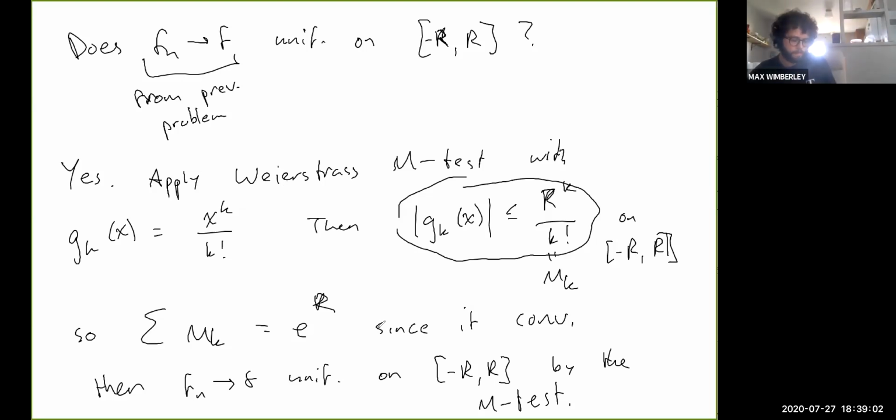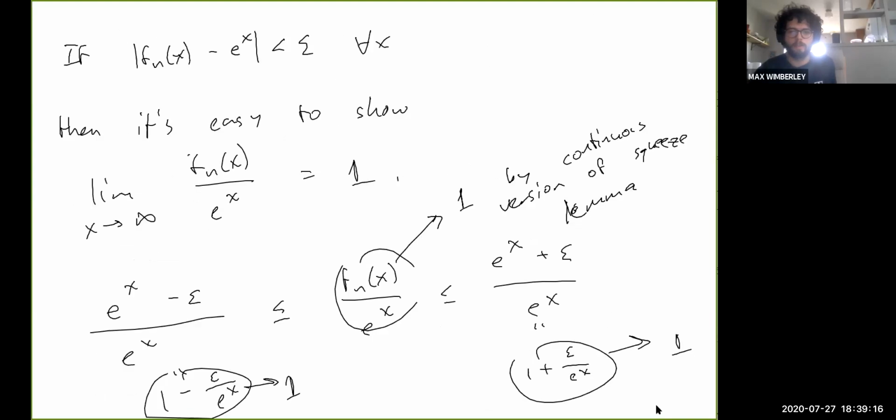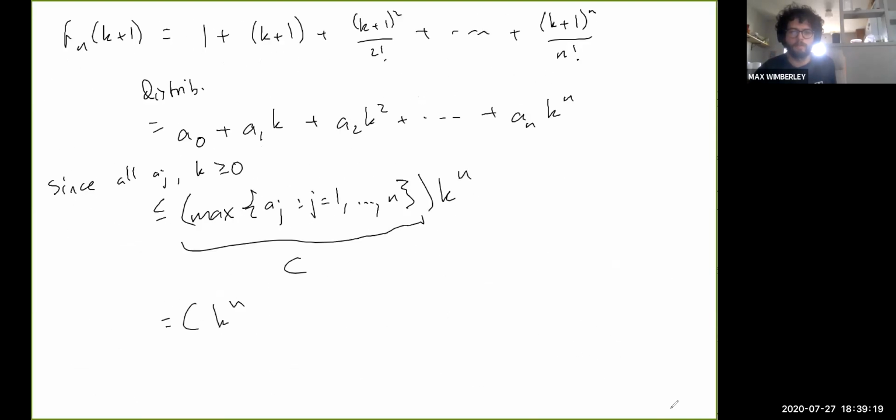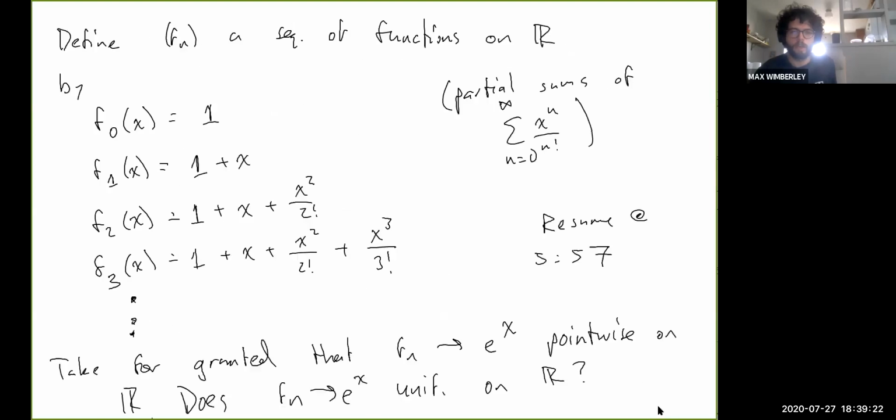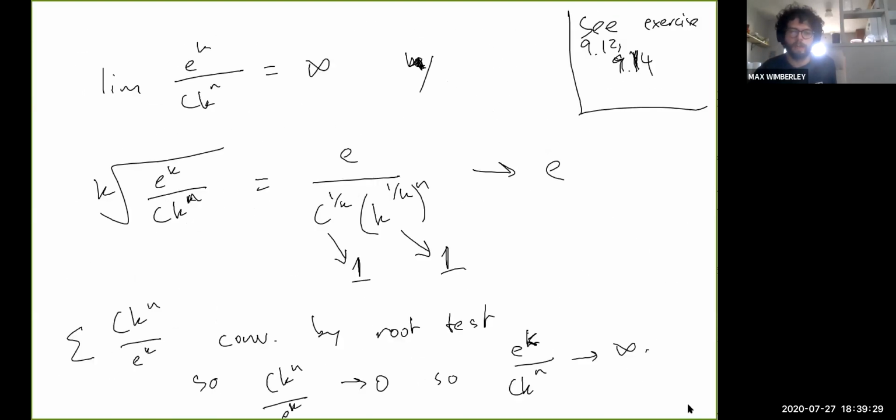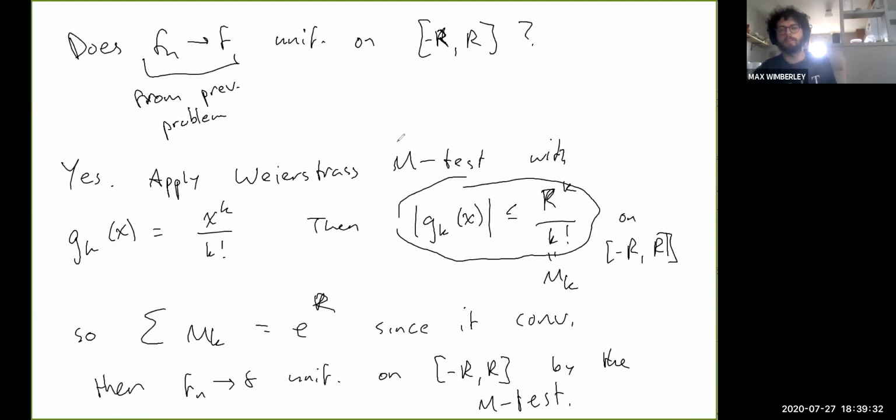Okay. So cool. Any other questions? For example, under the assumption that fn converges to e to the x pointwise on R, what we just showed actually shows that e to the x is a continuous function on all of R. If you want to show that e to the x is continuous at any specific point in R, you just pick some big enough interval and invoke the uniform convergence on that interval to say that e to the x is continuous at that point.